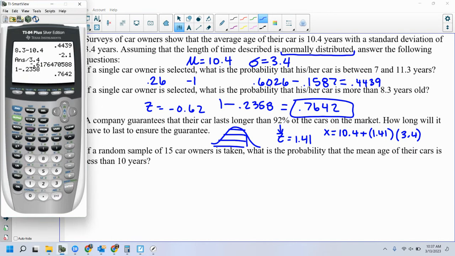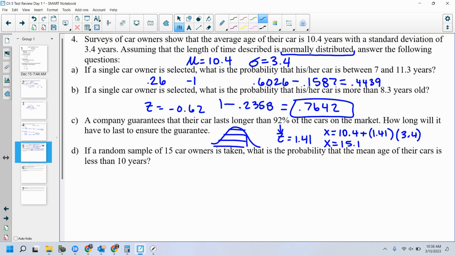Okay, 15.19. So x is equal to 15.19. So in summary here, how long will it have to last? It's got to last more than 15.2 years, or 15.19 years, for that guarantee to be solid, to be valid.